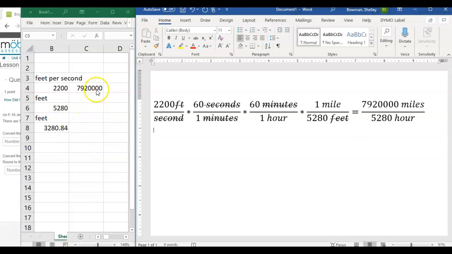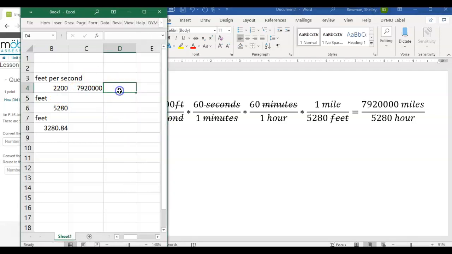Now I want to reduce that because it'll be a little nicer. So we have 7,920,000 miles for every 5,280 hours. And since I have these numbers here, I'm just going to cell reference those. And I don't want to get it confused with anything, so I'm going to just do it here.